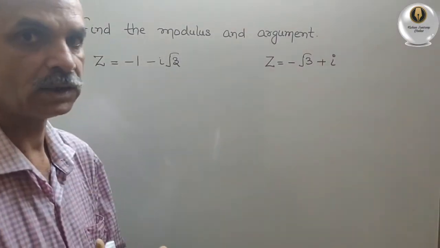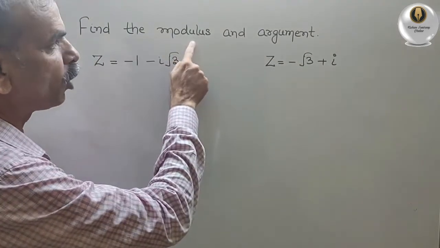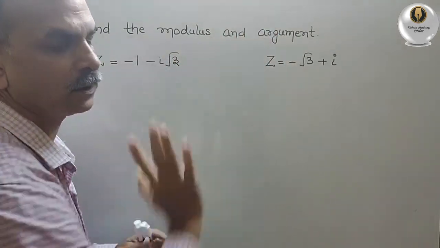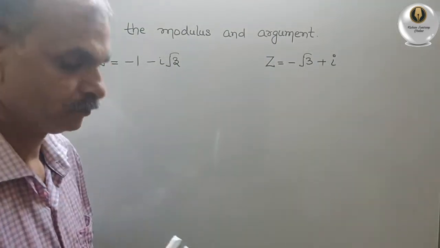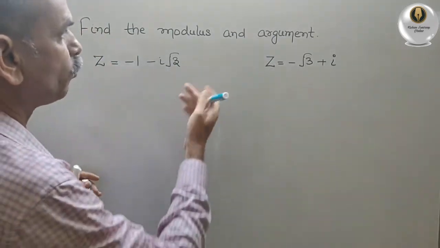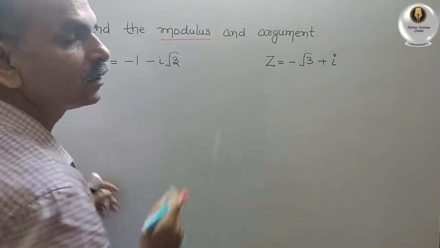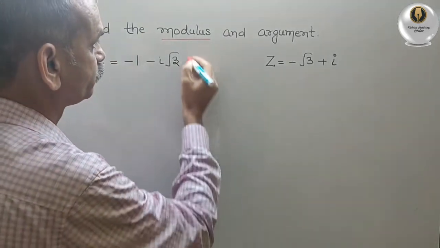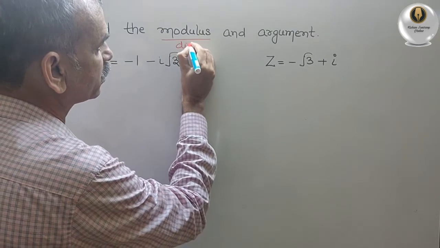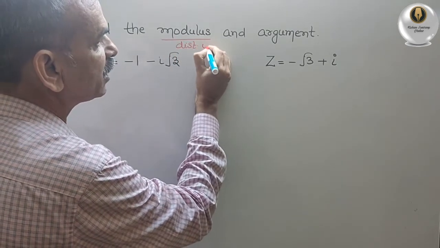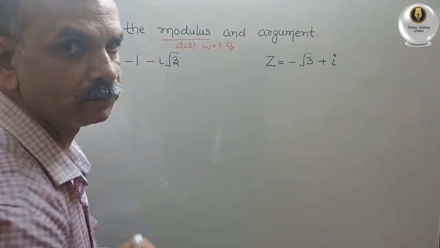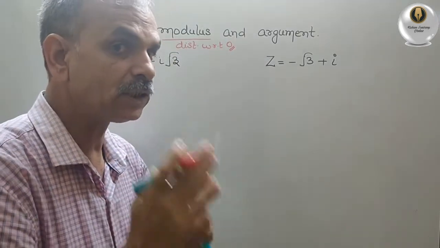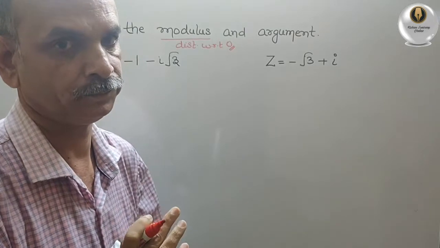Your question is to find the modulus and argument. First you have to understand what that is. Modulus means nothing but your distance, distance with respect to 0, that means the origin.